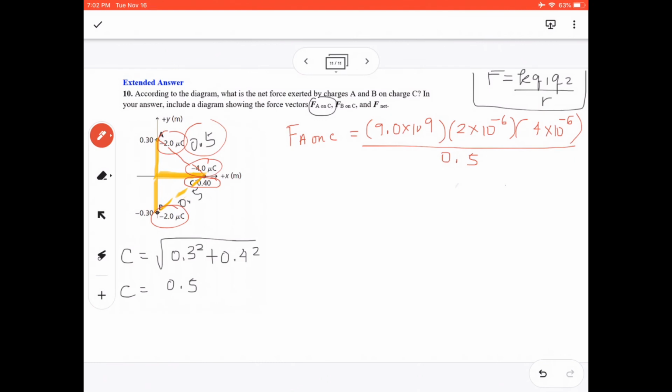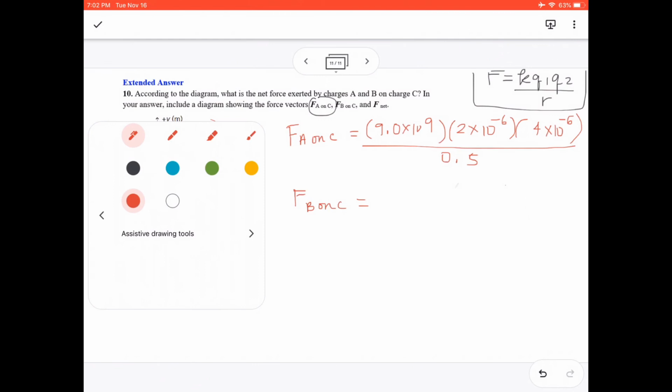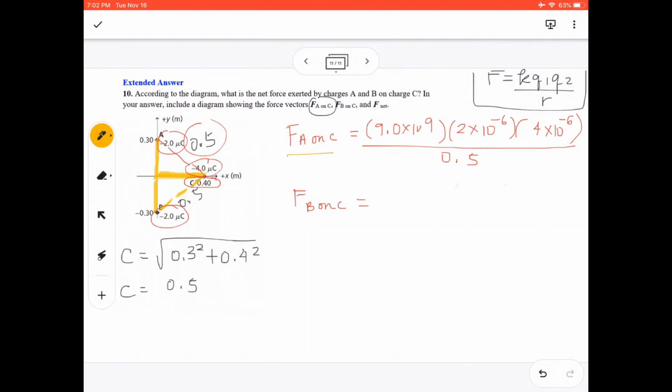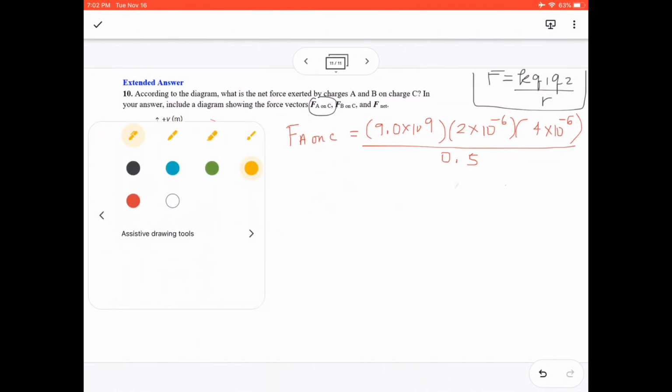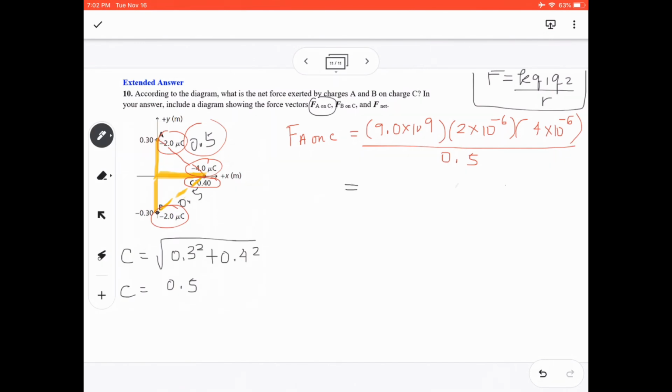So it means that FA on C is also equal to FB on C. Whatever value we get on FA on C will be equal to FB on C. So we'll just solve FA on C first, so that we will not solve the second one anymore because they are equal.